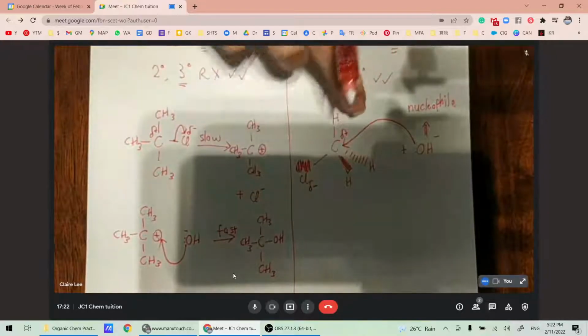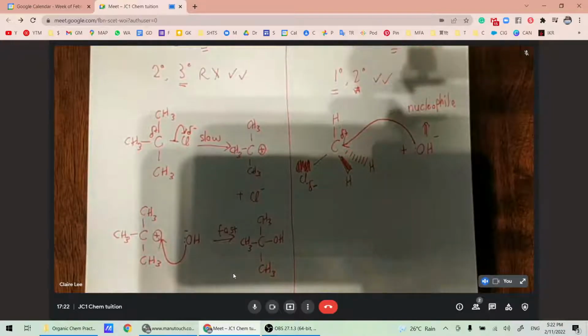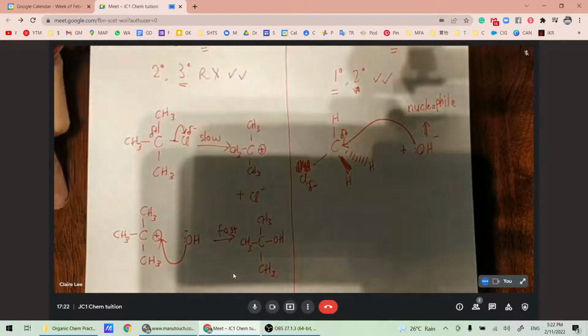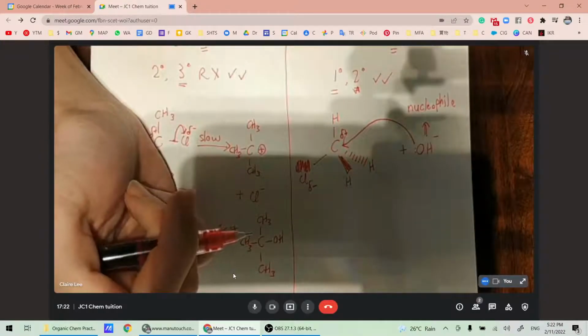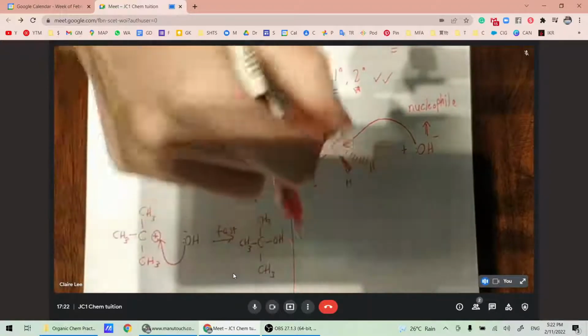Whereas if you look at this side where the SN2 is occurring, there is less steric hindrance, so this nucleophile can actually attack the electron deficient carbon in the primary halogenoalkane. Again, take note of the arrow direction, from the negative to the positive, lone pair to the electron deficient carbon.